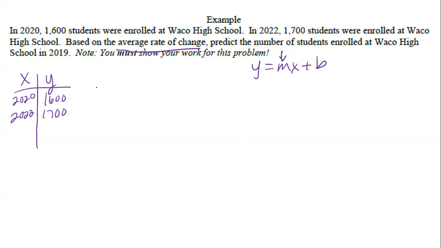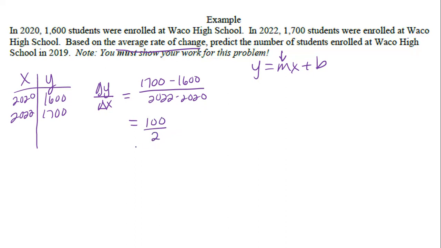So to find our average rate of change, our change in y over change in x, we had 1,700 minus 1,600 divided by 2022 minus 2020. What do we get? 100 over 2, which is what? 50. So our average rate of change right now is 50 students per year, right?